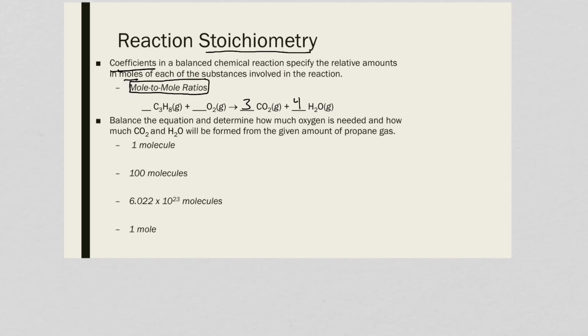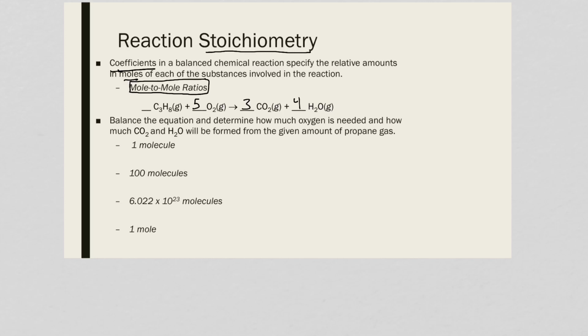Now if I check my oxygens, I only have 2 here on the reactant side, but I have 3 times 2 or 6 from the CO2 and 4 times 1 or 4 from the water, so that's 10. So in order to get 10 on the reactant side, I need to put a 5 coefficient here. So now we have our balanced equation, and we have coefficients of 1, 5, 3, and 4.